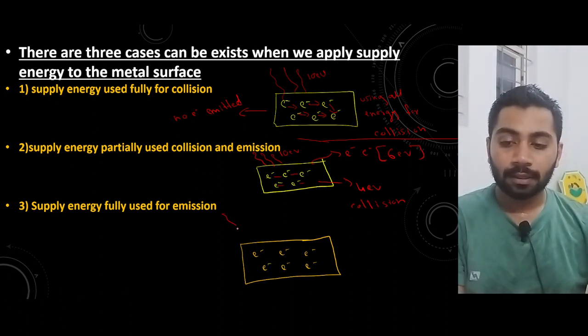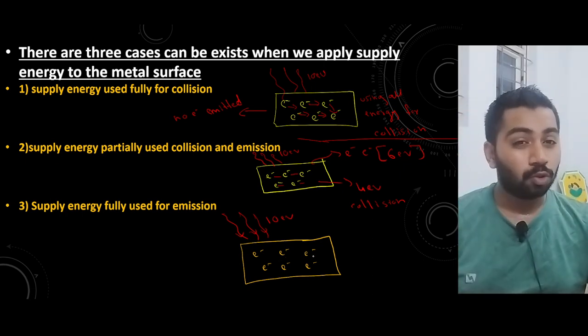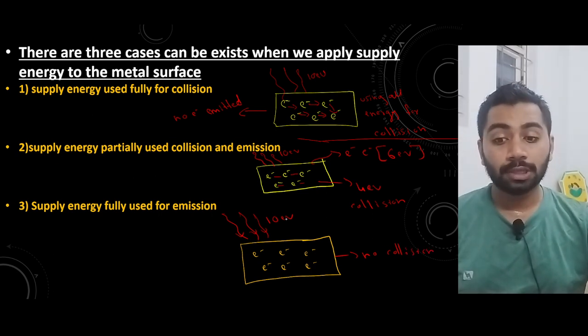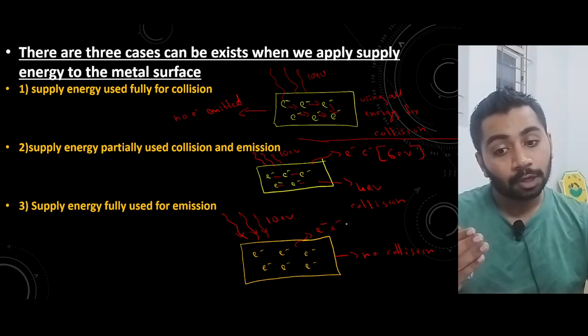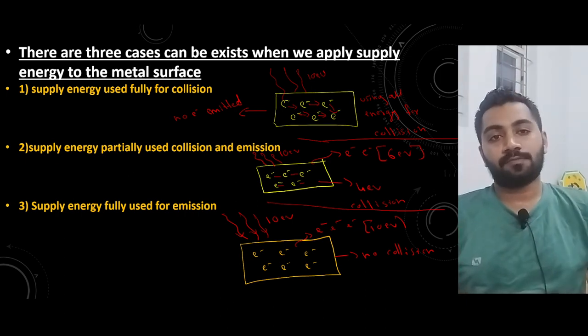When the rays are falling here, imagine very simply 10 eV is falling, and we see no collision, and this 10 eV is used, and outside 10 eV energy is released, fully used.